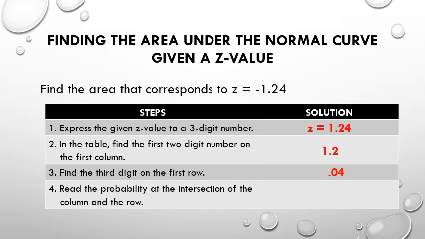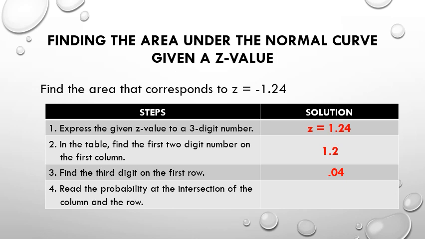Ma'am, giunsa man ni, kalibog ba kaayo? Ang third digit, 0.04. Unlike kaganina sa first example nato nga 2.00, dili kini klaro. So, unsaon man pagpangita ang third digit? So, ang atong tulo ka digit, that we have 1.24, and ang atong first two digits is 1.2. So, simple lang para makita nato ang atong third digit.